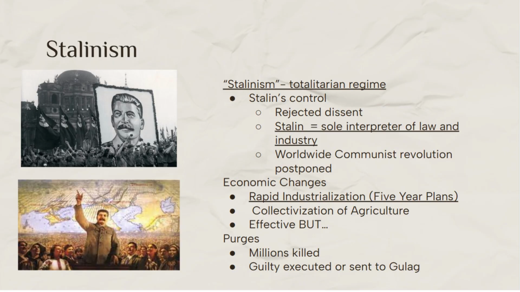But of course, we know that's not very effective because the peasants did not like the fact that their land was taken from them. Other ways he's totalitarian, he has the Great Purges. He kills millions of his own people that he sees as anti-Soviet. So we can see that he's got a lot that adds to that totalitarian name.